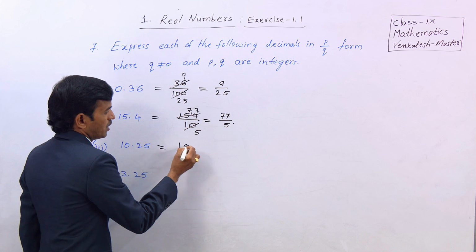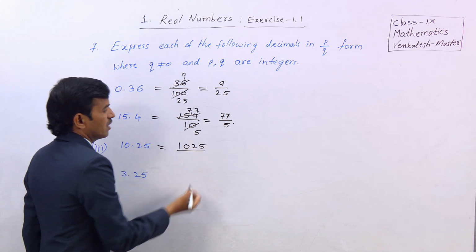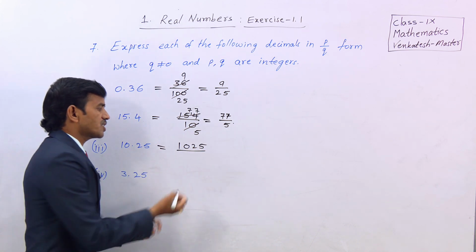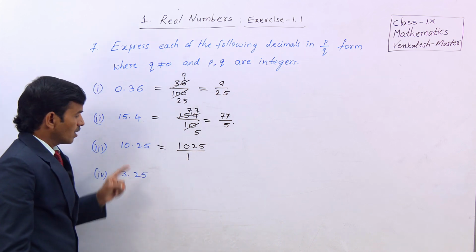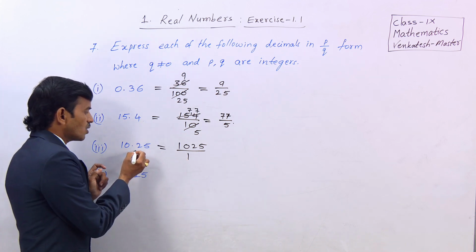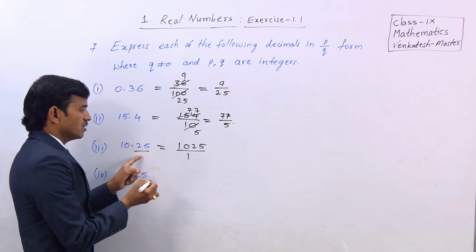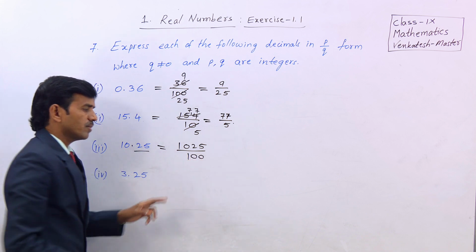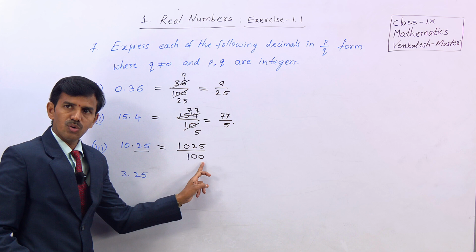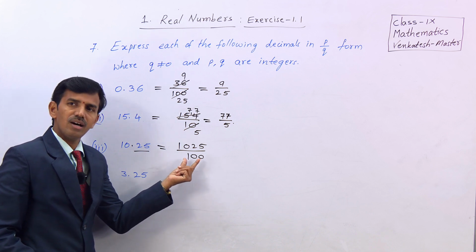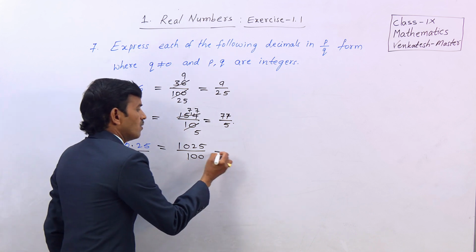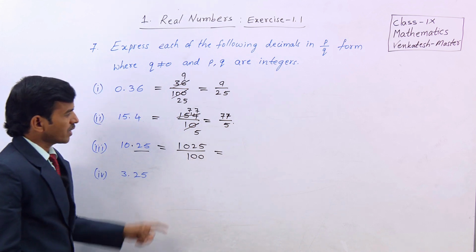Next number, if you remove the decimal point, what does it become? 1225. Any number generally has denominator 1. But as 2 digits are there after the decimal point here, we should mention how many zeros in the denominator? 2 zeros besides 1, that makes 100. So now we can cancel this with a common factor.